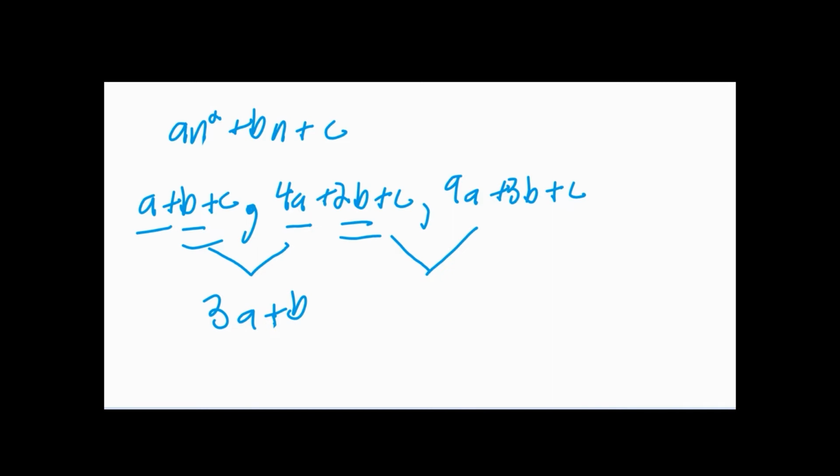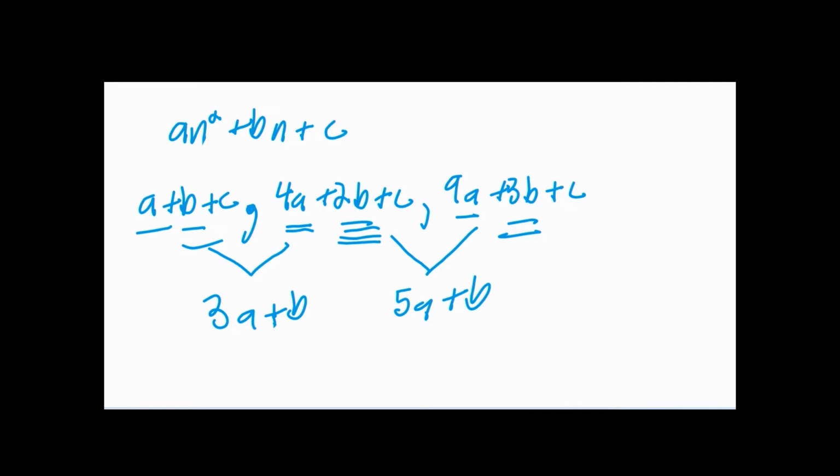For the second and third numbers, I'll do 9A minus 4A, that's 5A, and 3B minus 2B, that's B. And the next one, if I did the fourth, the difference would have been 7A plus B. Trust me, you can pause the video and try to verify that if you would like to.